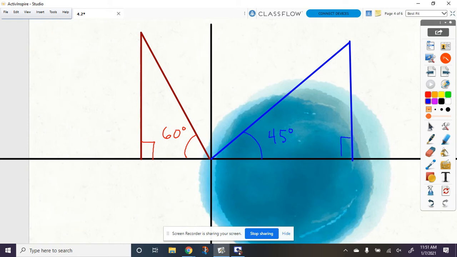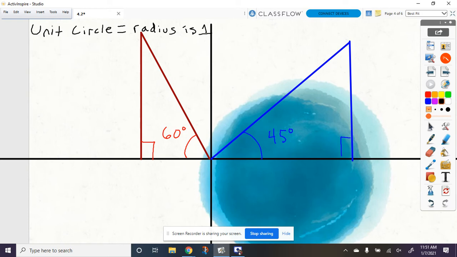Now, like I said, we're trying to set up our unit circle. The big thing about our unit circle, and the reason why it's labeled as a unit, is because our radius is going to be 1. And that's always true. No matter where you see the unit circle, how you're using the unit circle, we always assume that the radius is 1.